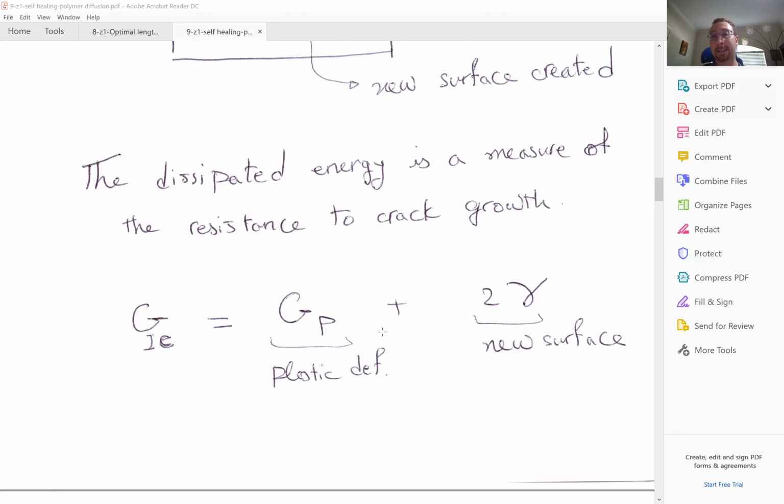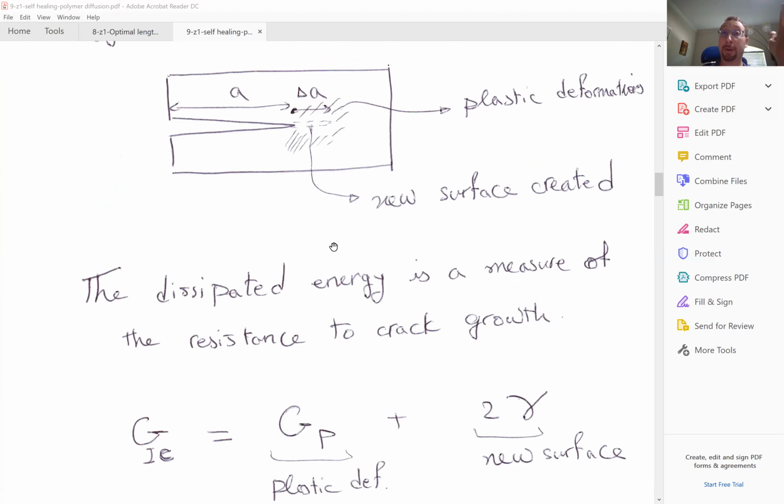So basically, this is kind of a deviation from linear elastic fracture mechanics. This is an amendment that says, well, if you want to grow the crack, the elastic energy that you release has to be able to overcome the energy dissipated by plastic deformation, plus the energy to generate new surfaces.